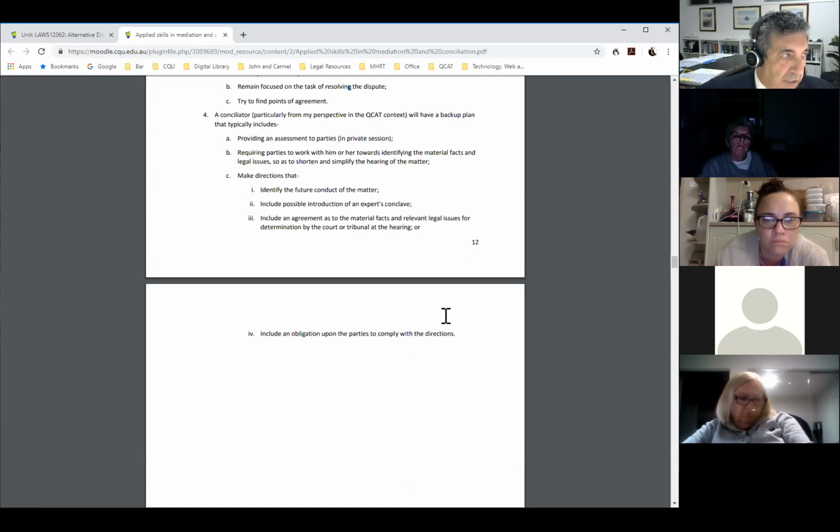And then finally, the conciliator might make directions about the future conduct of the matter, possibly introduce an experts conclave or include an agreement as to material facts and relevant legal issues for determination by the court or the tribunal, and include an obligation upon the parties to comply with directions.